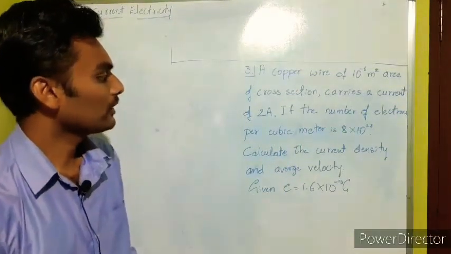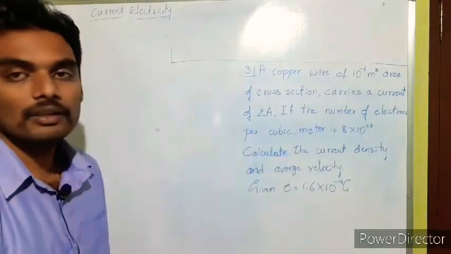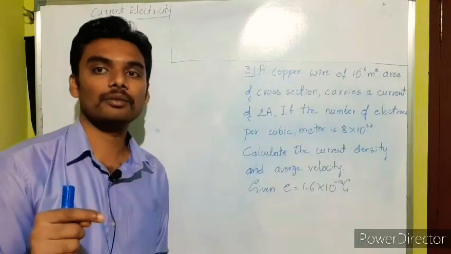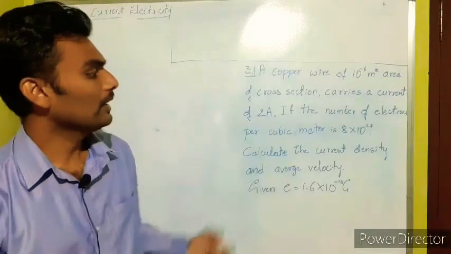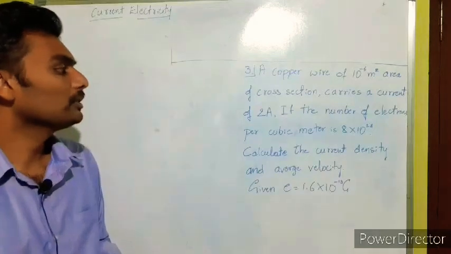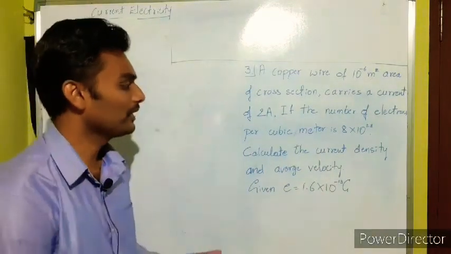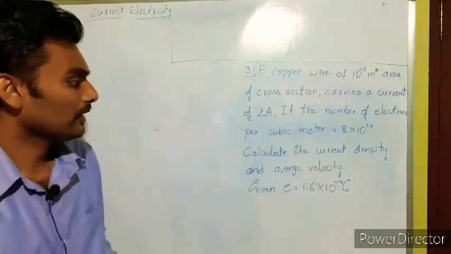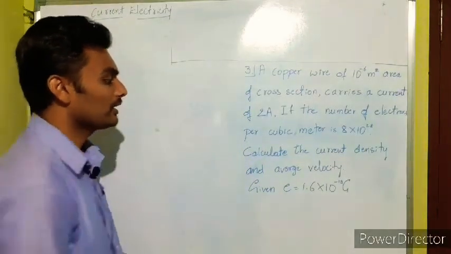If the number of electrons per cubic meter, this is what is small n, even in the standard derivations we have considered this value represented by small n, number of electrons per unit volume, is 8 into 10 to the power of 28, calculate the current density and average velocity.